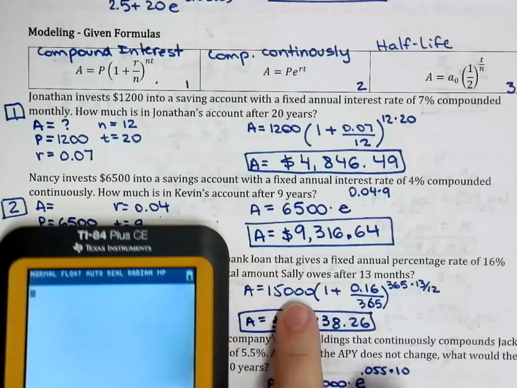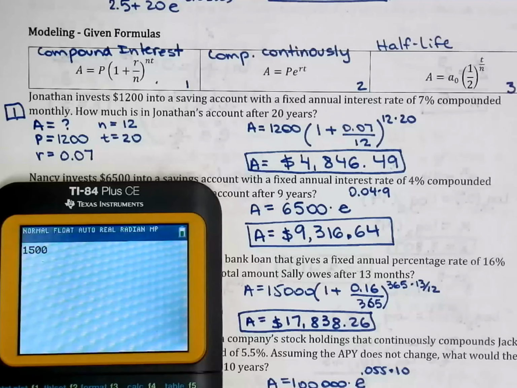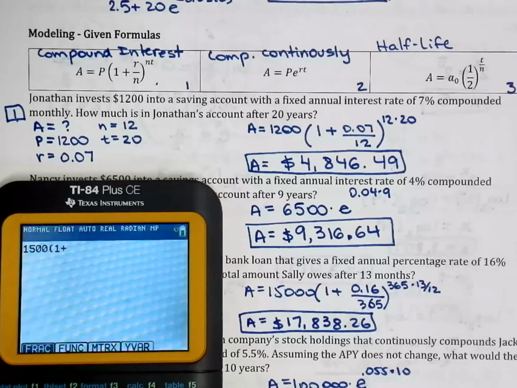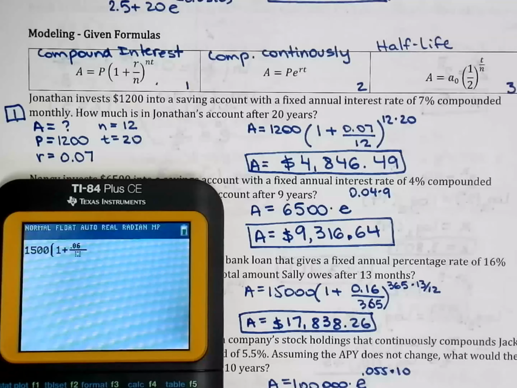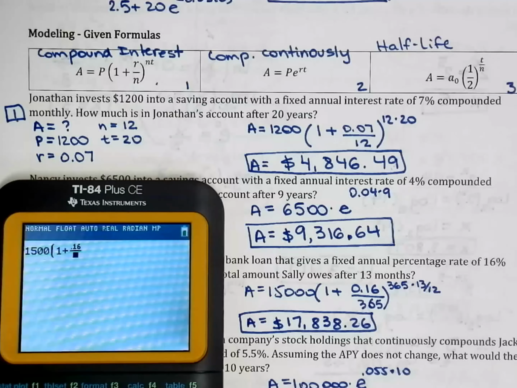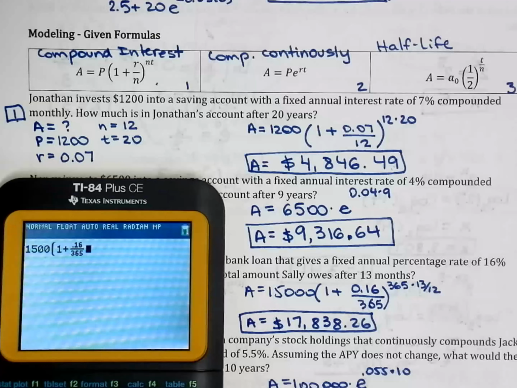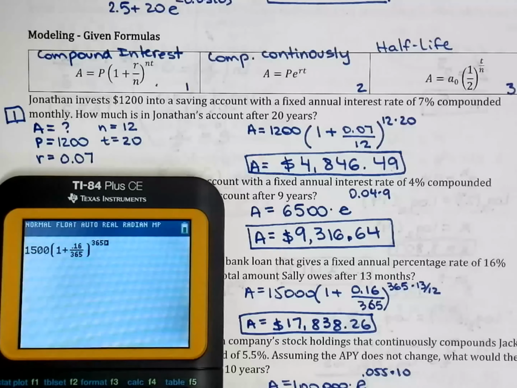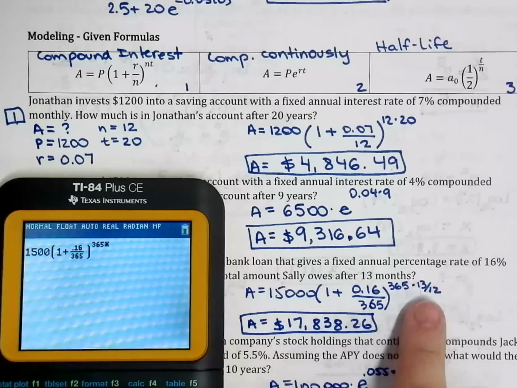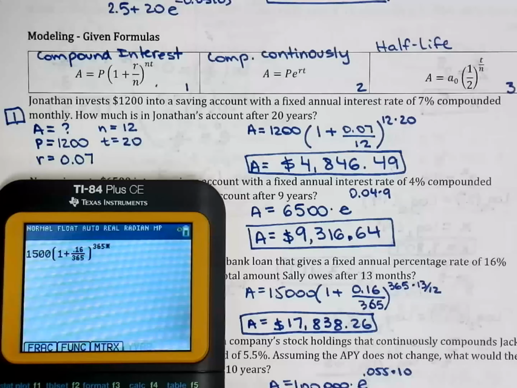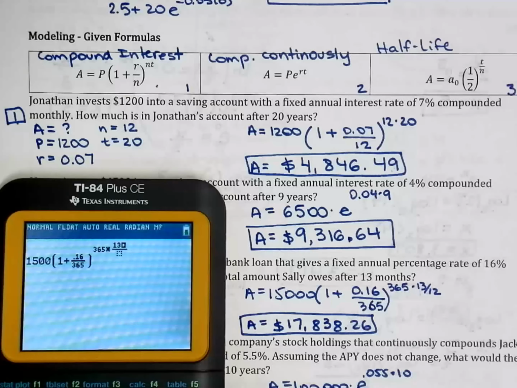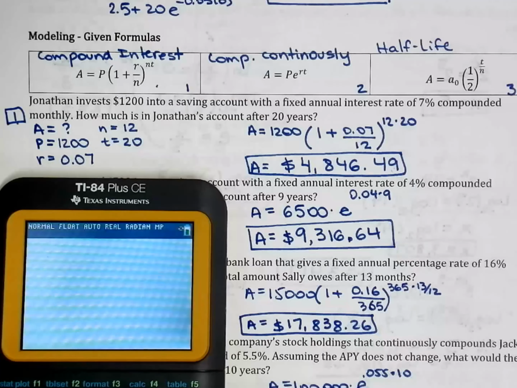Let's go ahead and put this in the calculator. You can do 13 divided by 12, or you can put the fraction right there, 13 over 12. Either way, you're going to get the same answer.